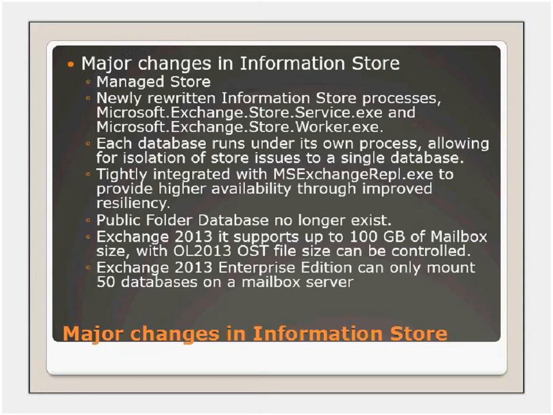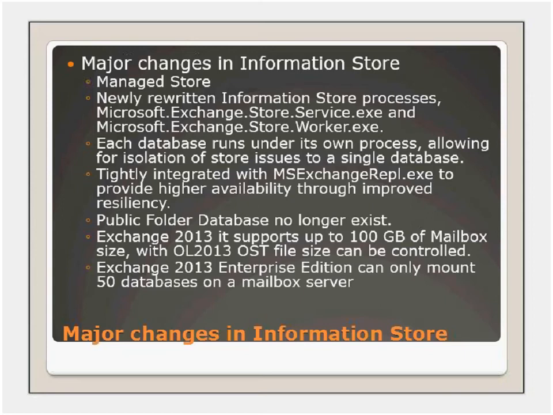Basically, the information store process has two parts. One is Microsoft Exchange Store Service.exe. That's the same as what you have been seeing in the older version, store.exe, and that's something that controls every database. And there is another one which is called worker.exe.